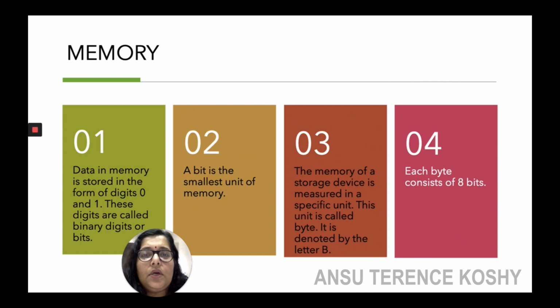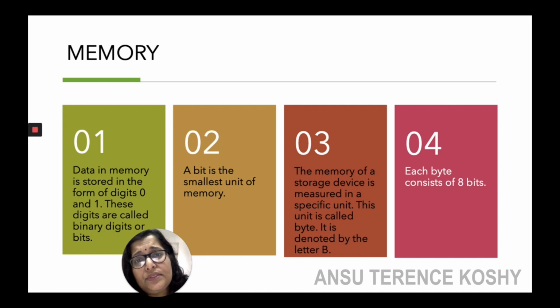Now, let's talk about memory. Data in memory is stored in the form of digits 0 and 1. You know that the computer system uses the binary number system, that is, it has only two digits, 0 and 1. So it is called a binary number system. These digits are called binary digits or bits.